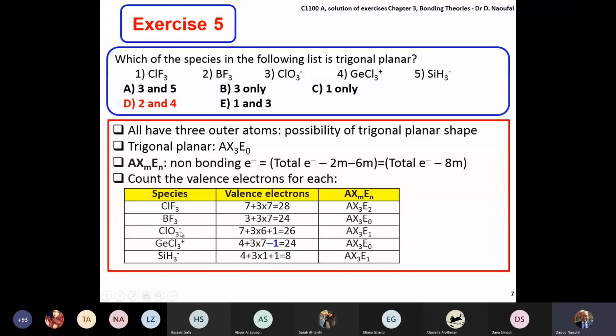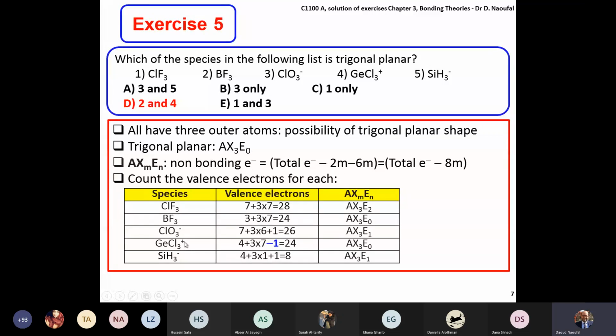For ClO3 minus, we have 7 plus 3 times 6 plus 1, so we have 26. Apply this rule: 26 minus 8 times 3, so 26 minus 24, so we have E1, 2 electrons, that means 1 pair.